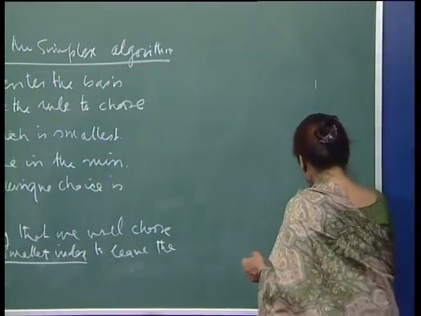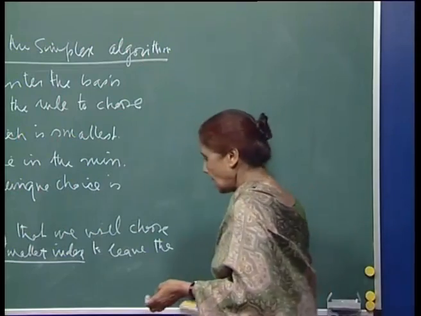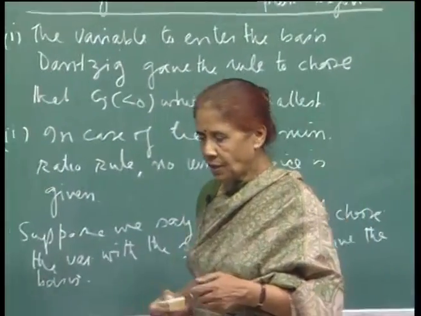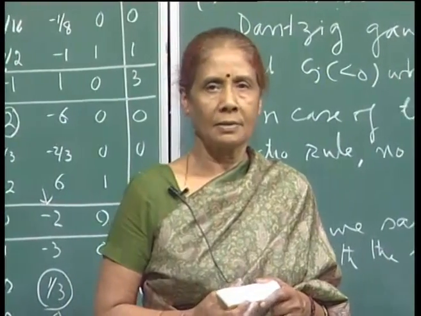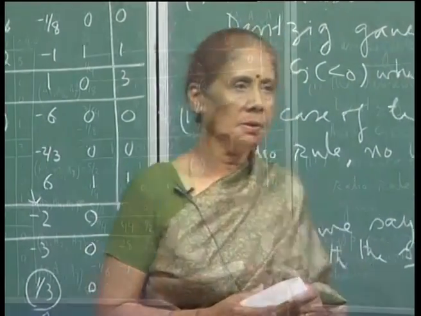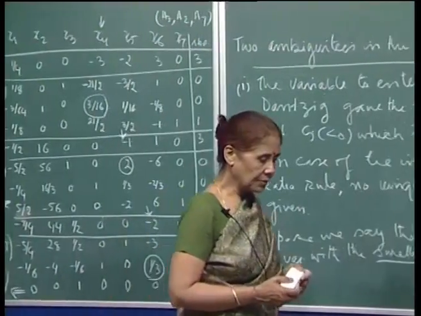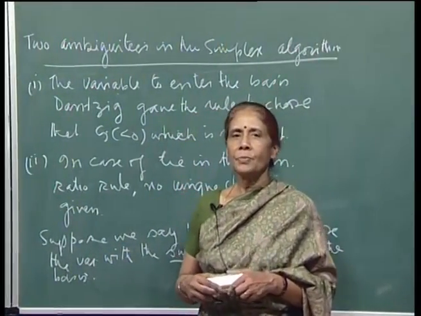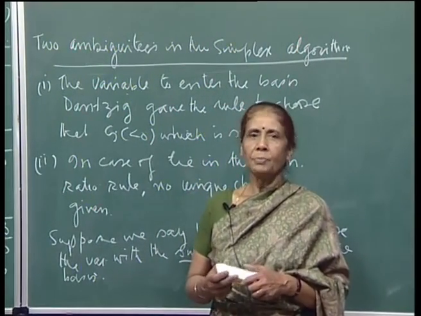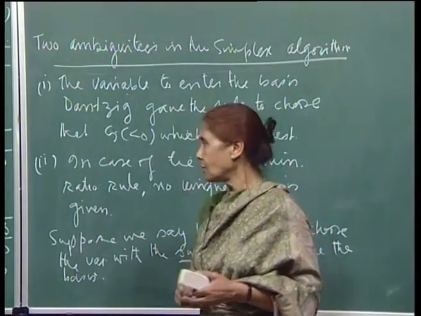So this is a shortcoming in the simplex algorithm, and now of course the advocates for the simplex algorithm will say that this is a very rare case, and it is not that cycling will occur most of the time. But again, if you are designing an algorithm, you have to make sure that all such pathological cases are also taken care of, right.